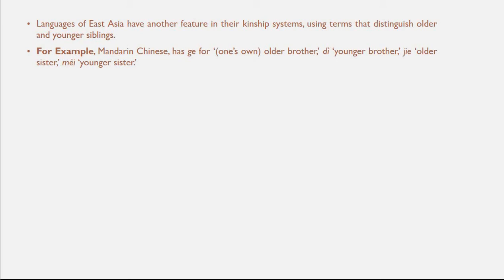For instance, Mandarin Chinese has gege for one's own older brother, didi for younger brother, jiejie for older sister, and meimei for younger sister. So these also refer to young and old features of the siblings.